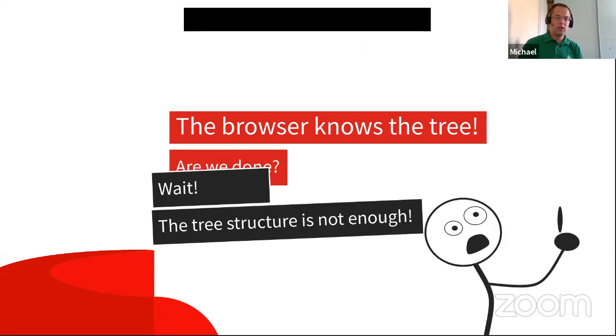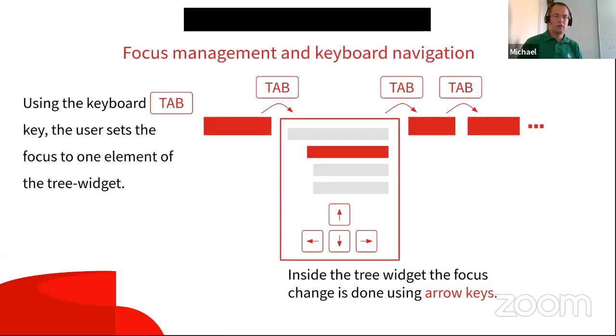But wait, the tree structure isn't enough. As I said, the ARIA roles do not have anything to do with the browser behavior. So now the accessibility tools would know that it is a tree, but you still cannot work with a tree. So now we have to do the focus management and the keyboard navigation.